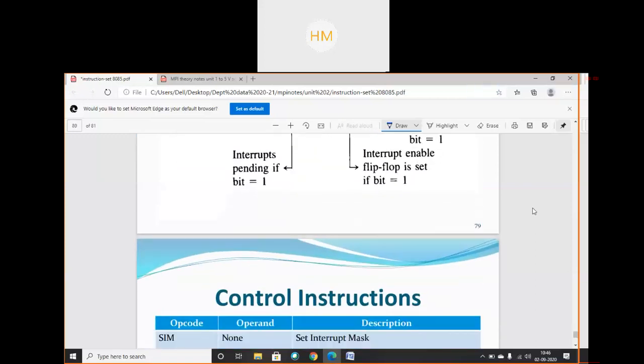The next instruction is SIM, set interrupt mask. So now what will happen by using this instruction, set interrupt mask?